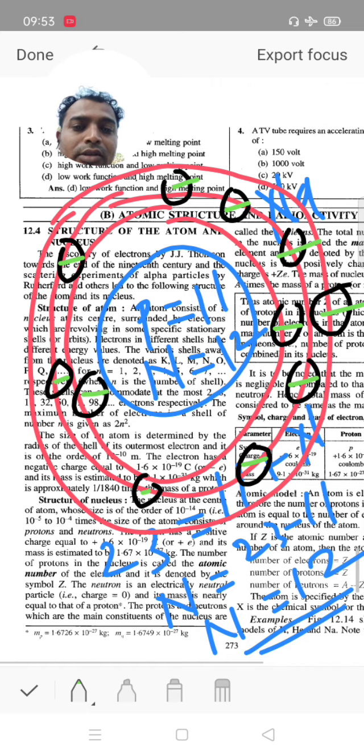The number of protons is equal to the number of electrons, same number of protons and electrons, but different number of neutrons.